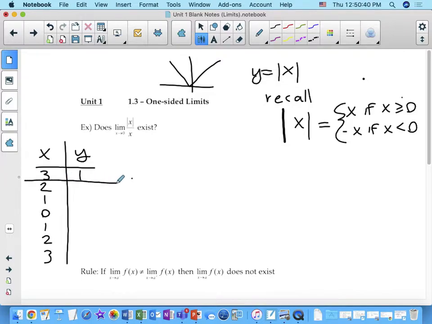Absolute value of 2 divided by 2 is 1. The absolute value of 1 divided by 1 is 1. Right? And that's where the 1 comes from, right? This one is the absolute value of 2 over 2. Okay?